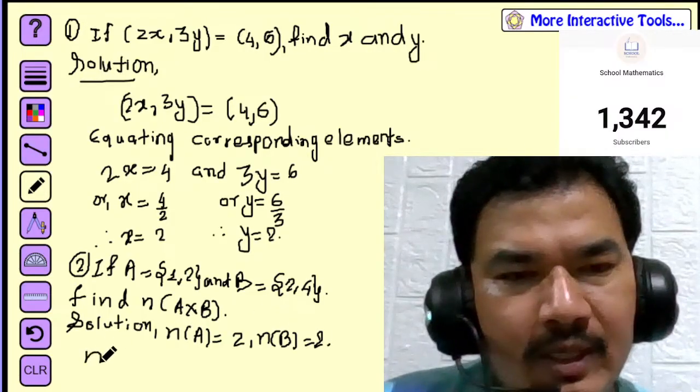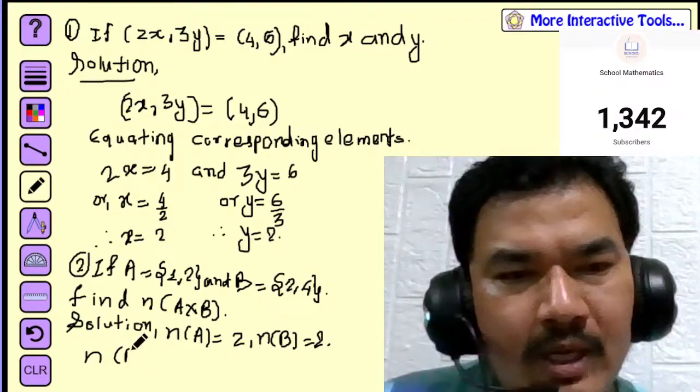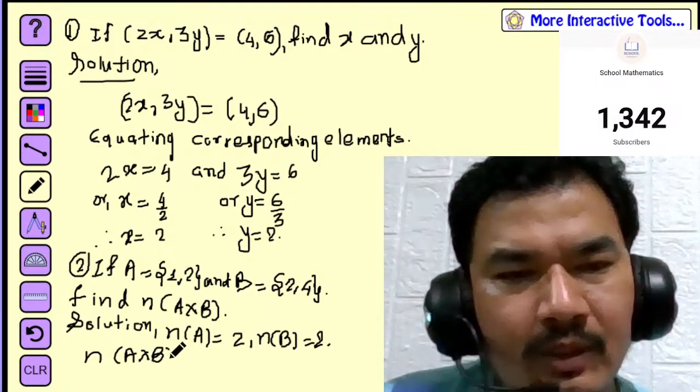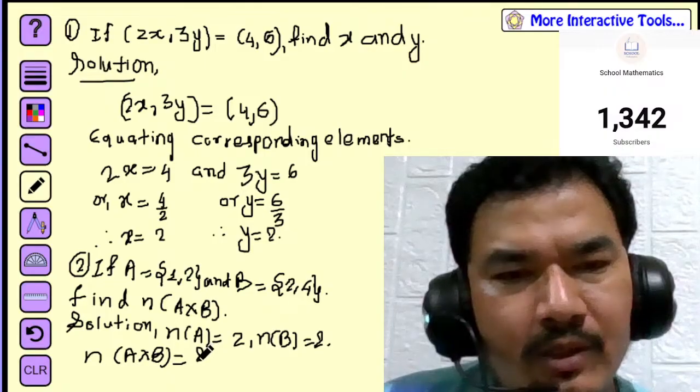Then we need to write n of A cross B and find what it equals.